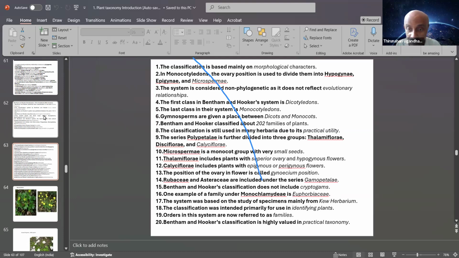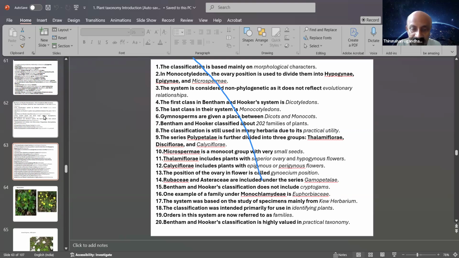Microspermae is a monocot group with very small seeds. Thalamiflorae includes plants with superior ovary, also called hypogynous flowers. Calyciflorae includes plants with epigynous and perigynous flowers. The position of the ovary in a flower is called the gynoecium position.